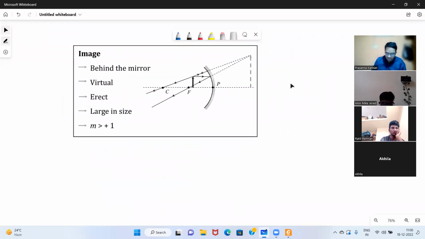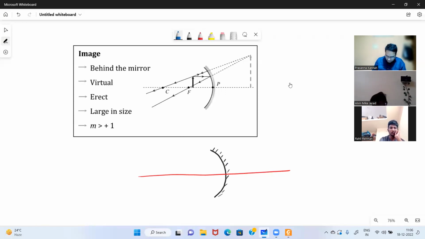You can also draw and see. If this is your concave spherical mirror, this is the principal axis, this is your pole, this is the focus, and let's say the object is here.